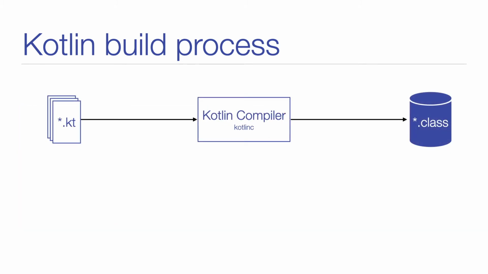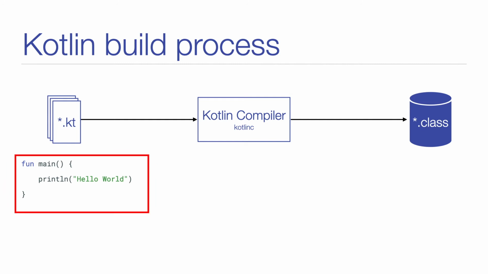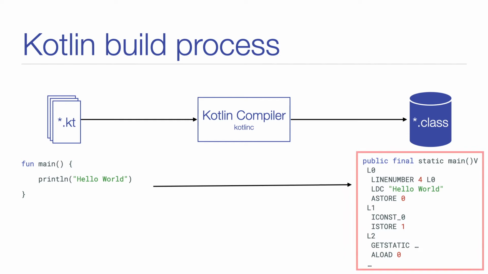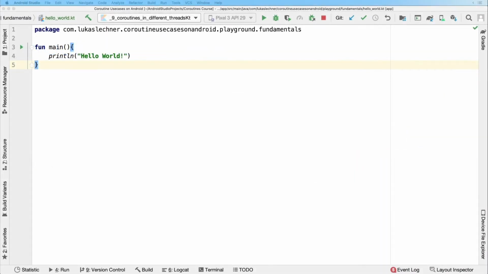The Kotlin compiler takes code from Kotlin files that looks something like this and generates bytecode that looks something like this. You can take a look at the resulting bytecode directly from within Android Studio. So let's jump into Android Studio. So here we have a simple main function that prints out Hello World.